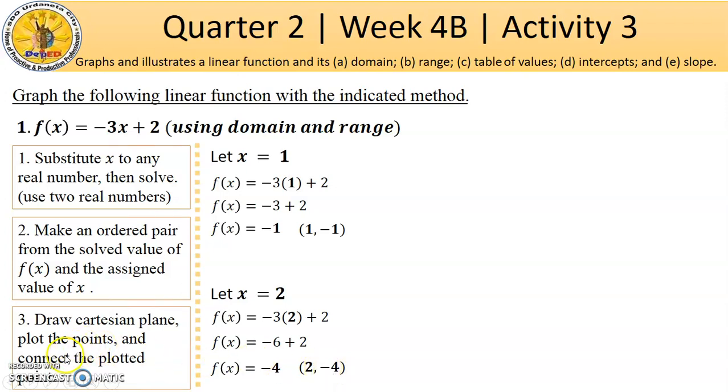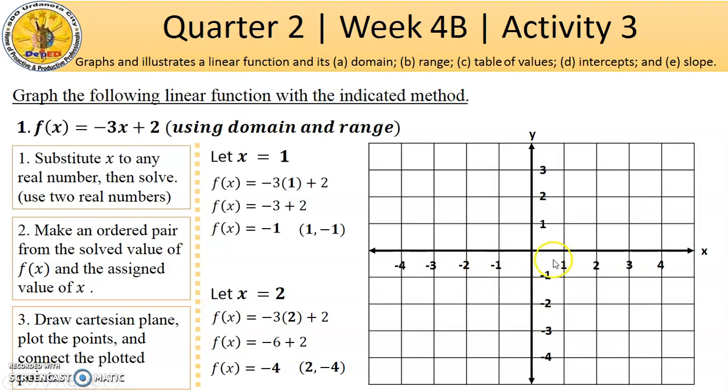For step number 3, we're going to draw the Cartesian plane, plot the points, and connect the plotted points. Of course, we have this Cartesian plane. Next, we're going to plot (1, -1). We have it here. Then plot the second point, (2, -4), and we have it here.